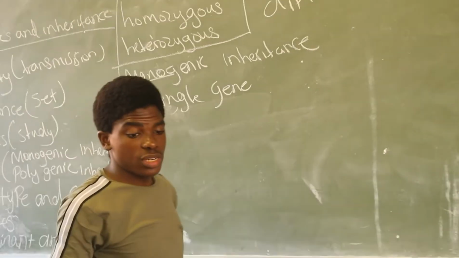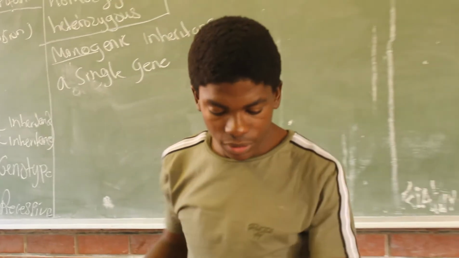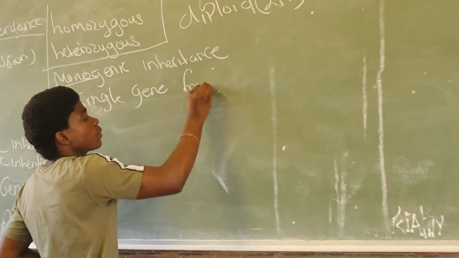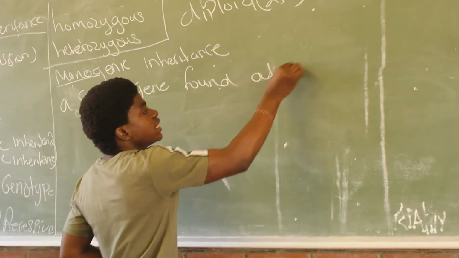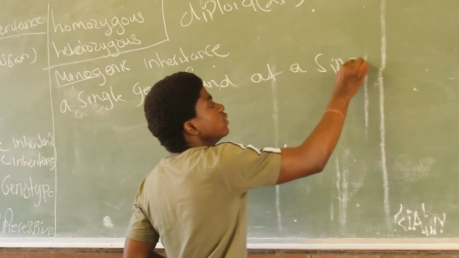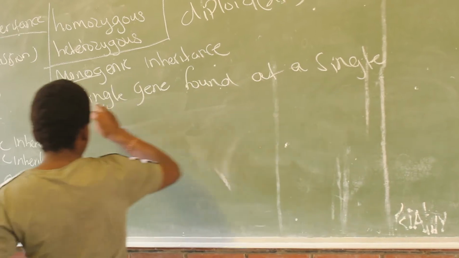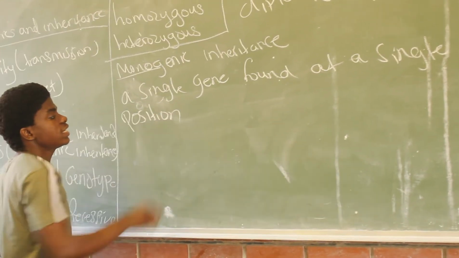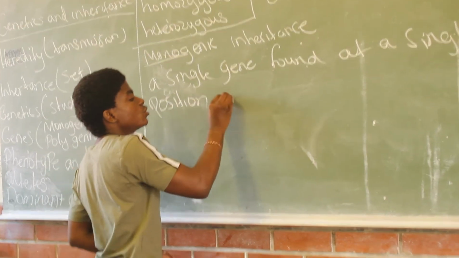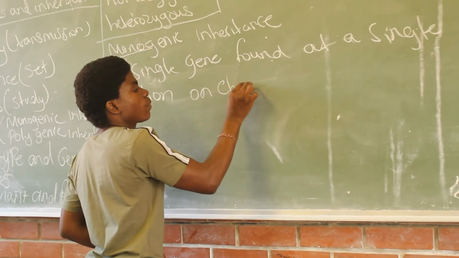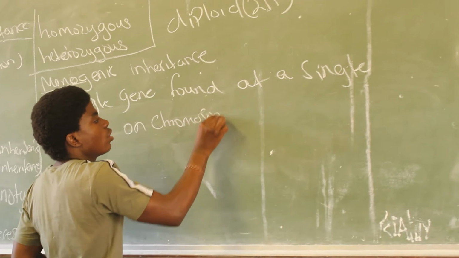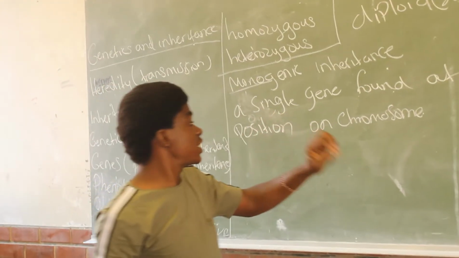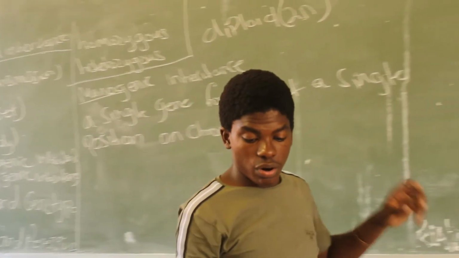It's a single gene found at a single position on a chromosome. So that is monogenic inheritance.